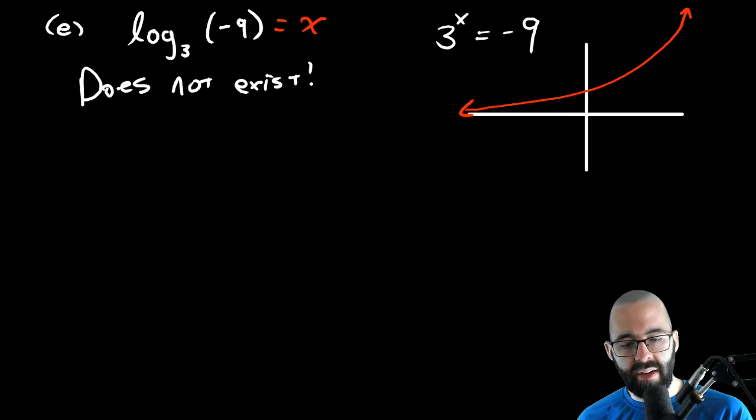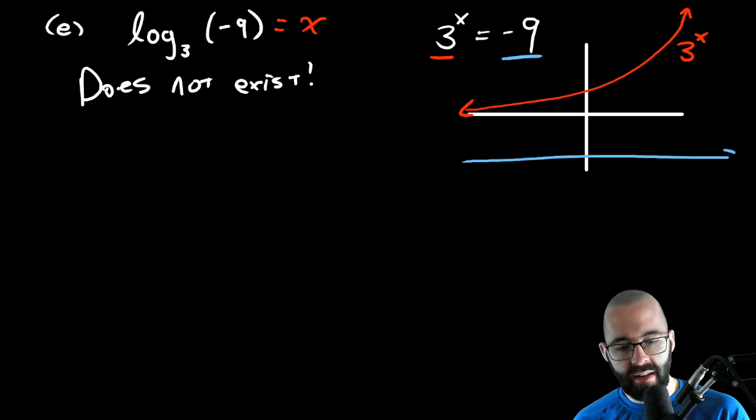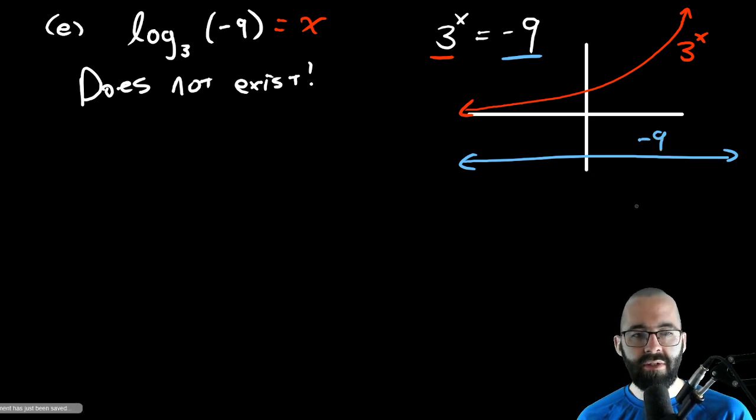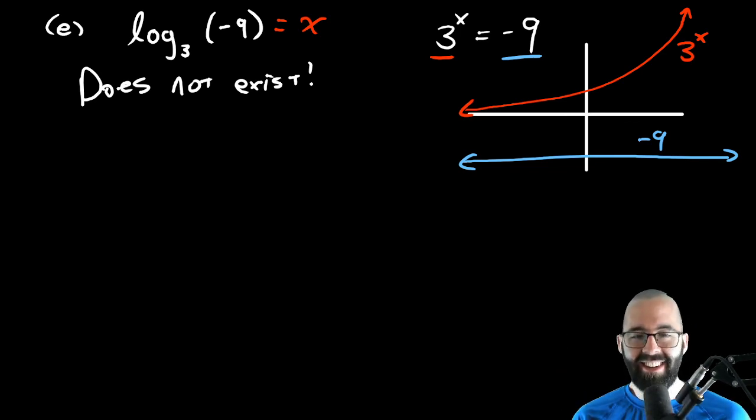So we're asking, well, when does 3 to the x equal negative 9? Where do these functions intersect? Well, they don't. They're not even close. They never intersect.